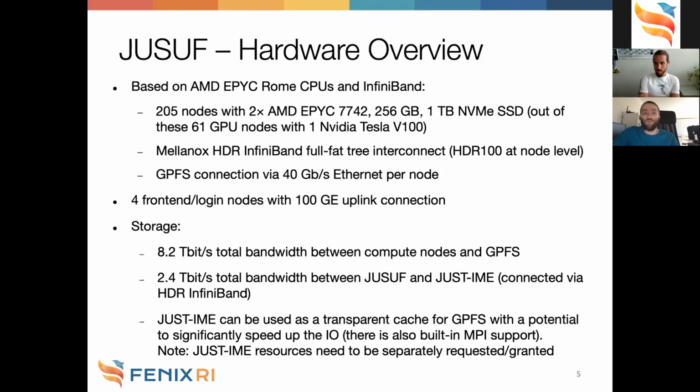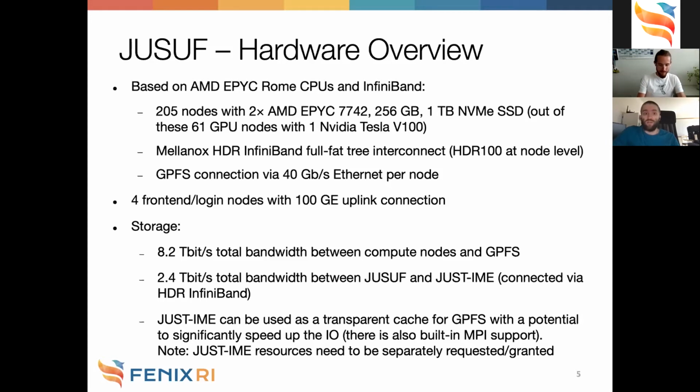It consists of 205 nodes. Each node is a dual CPU system with 256 GB of RAM. Out of these 205 nodes, there are GPU nodes. Each GPU node is equipped with one NVIDIA Tesla V100 GPU.